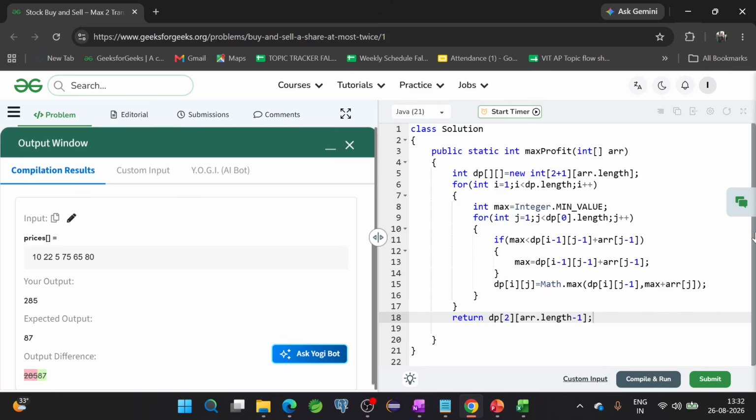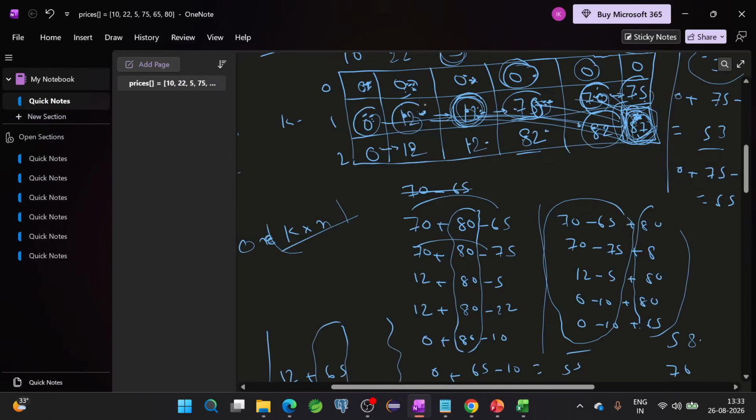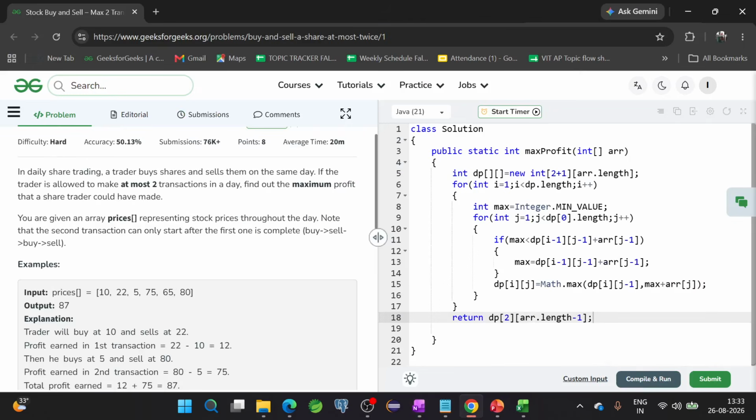Yes, it is clear. And from where, let me check again. 0 1 2, and the last one is array dot length. So from where am I trying j? For int i equal to 1 and j equal to 1. Maximum equal to Integer MIN_VALUE.